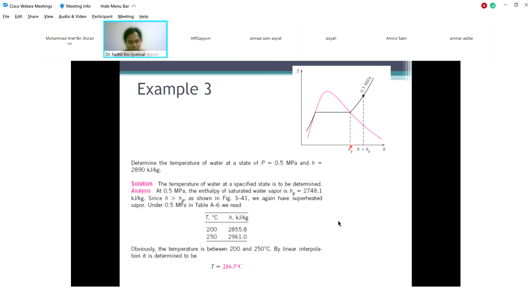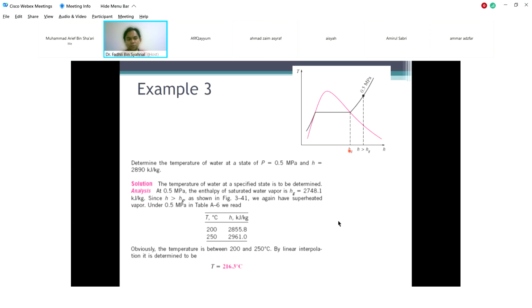So let's say Hg, the value is 2748, and here Hf is 640. Looking back at the question, the given enthalpy is 2890, meaning this value is higher than Hg, which is 2748.